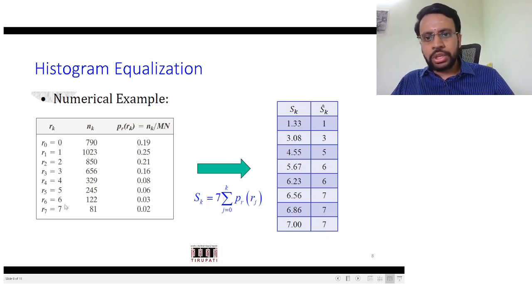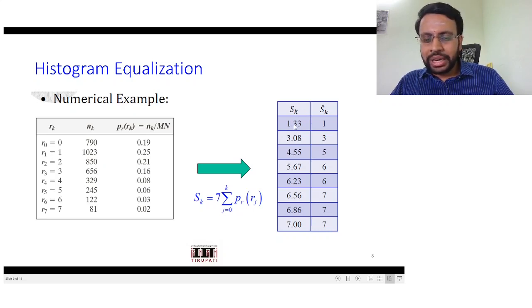Now assume that you counted the number of pixels having each intensity value, for example 790, 1023, 850 and so on. You divide by the total number of pixels. If it has m rows and n columns, you divide by m multiplied by n, and you end up with this.